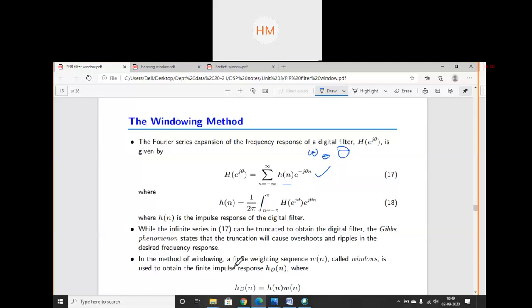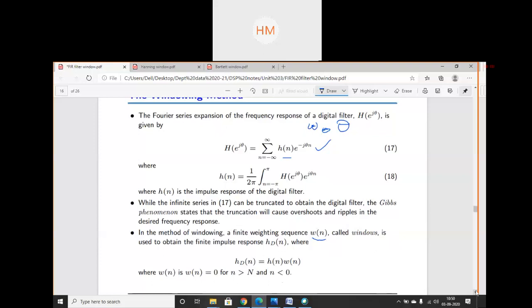In the method of windowing, a finite weighing sequence W of n, so now a new term is added which is known as W of n, the finite weighing sequence, which is known as a window. It is used to obtain the finite impulse response HD of n.